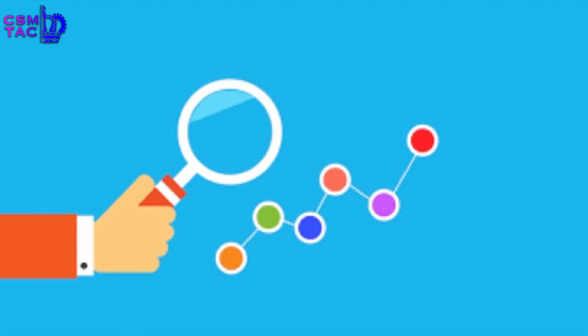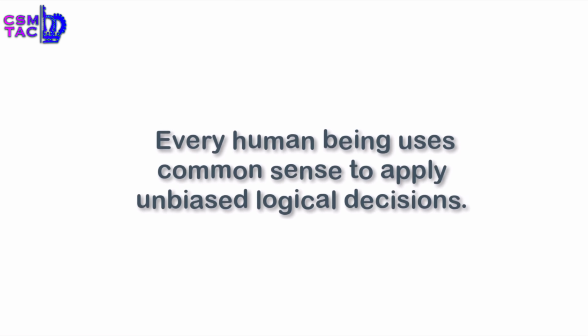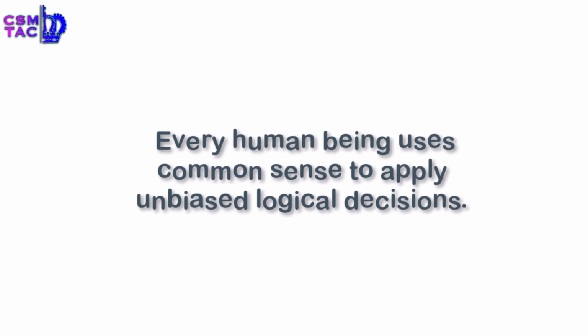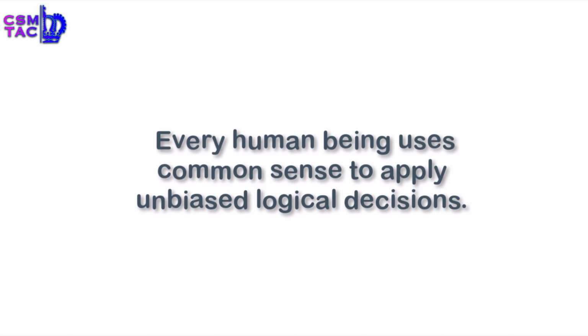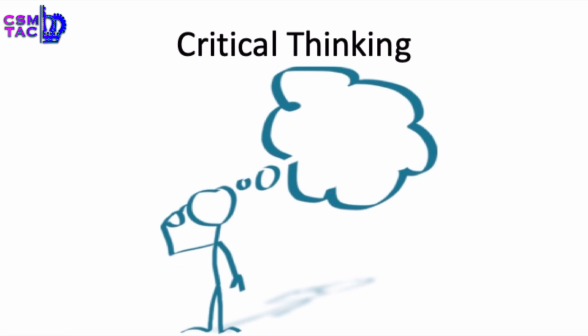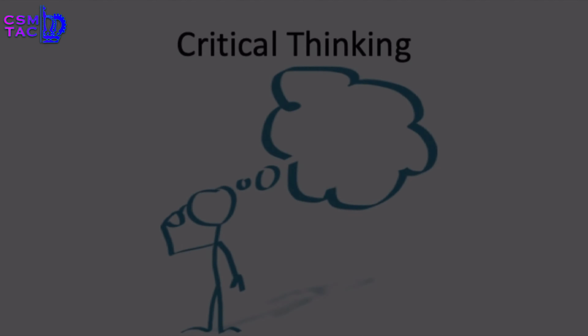You use common sense to approach and attempt to solve problems in day-to-day life. Every human being gains and uses common sense to apply impartial, unbiased, and responsible logical decisions. On the other hand, critical thinking occurs when a person deliberately examines a situation based on his own knowledge and philosophies.